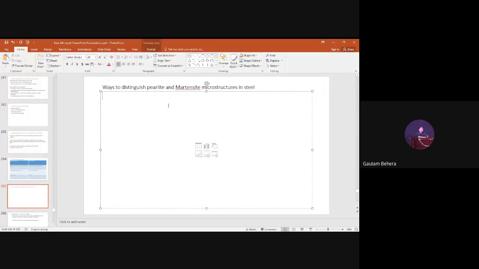Now, ways to distinguish pearlite and martensitic microstructure in steel. How can you distinguish pearlite and martensite microstructure in steel? You have already attended the IPM class, the Introduction to Physical Metallurgy lab class also. So how can you distinguish pearlite and martensite? What is the method?